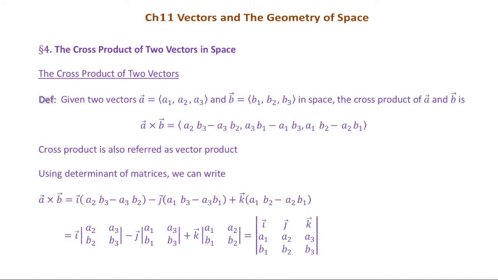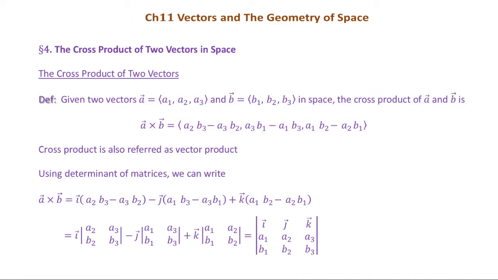because we're going to use a determinant to represent this cross product. So let's see how we can do that. If you rewrite these cross product components with the unit vectors, then you get A cross B equals I times (A2B3 minus A3B2) minus J times (A1B3 minus A3B1).